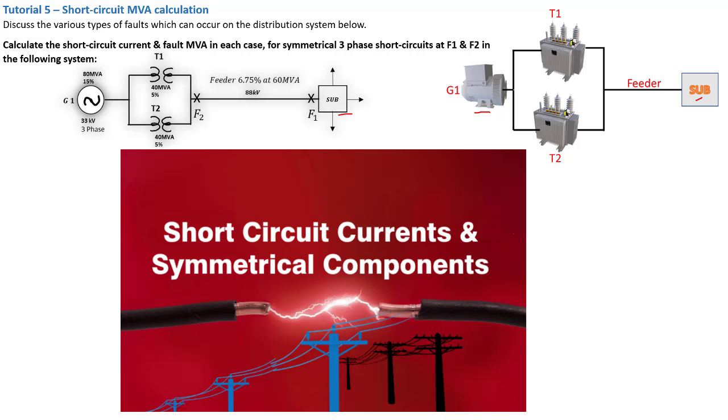Now, to discuss the various types of fault that can occur in the system, first of all, you have to understand that it's a three-phase system. On my right side here, I've illustrated it with just one wire, but this is actually a three-phase system. So you've got three wires coming out of a generator, actually with a fourth one for the neutral.